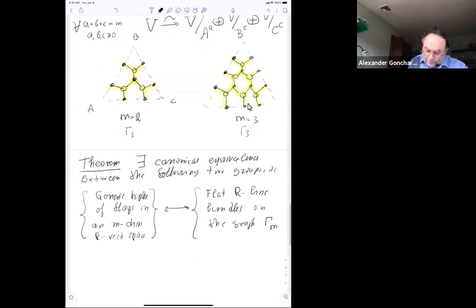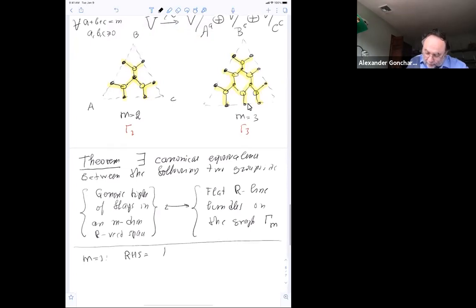And so here's what the theorem says when m equals 3. The right-hand side of this correspondence is given by one-dimensional local systems on a circle. And we have to take its R points. And this is R star divided by the R star conjugation.